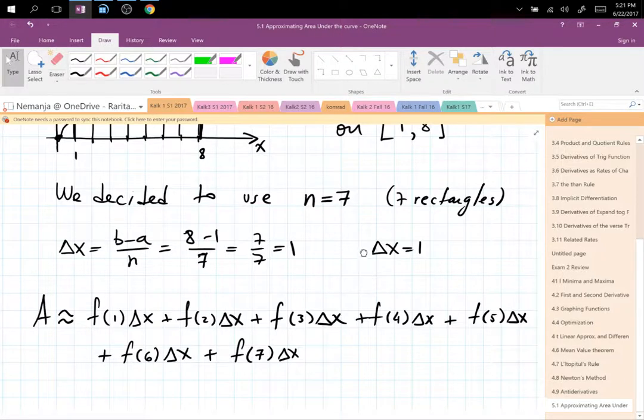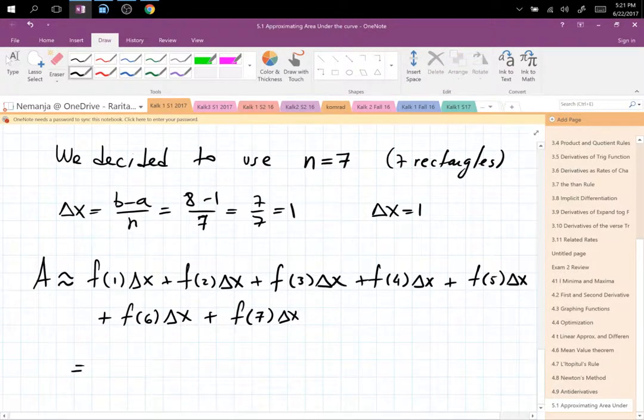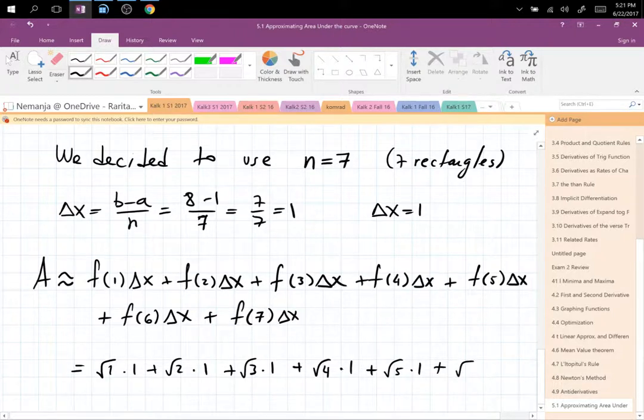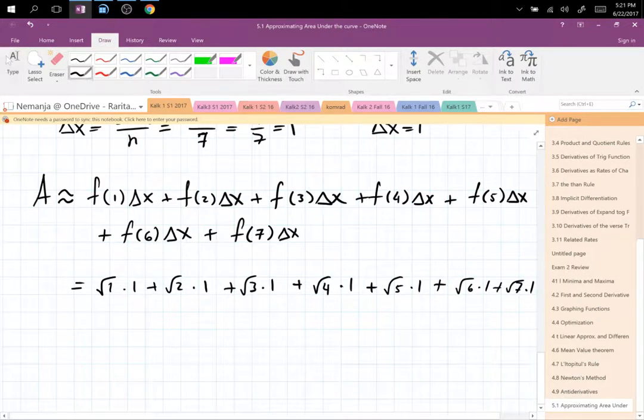So now we plug in all the functions and everything. The function is a square root function. So I have square root of 1 times 1 plus square root of 2 times 1 plus square root of 3 times 1. And then we go all the way to 7. Obviously times 1, we don't have to worry about it.